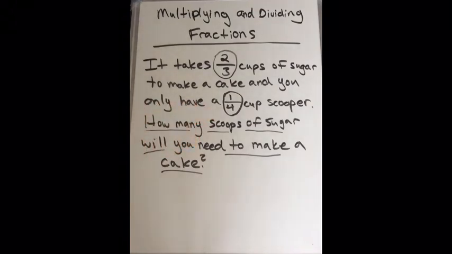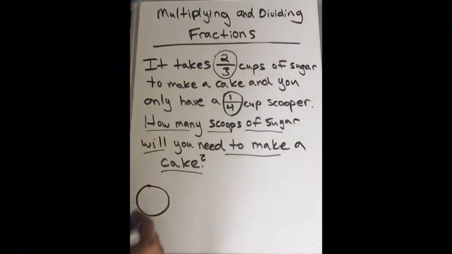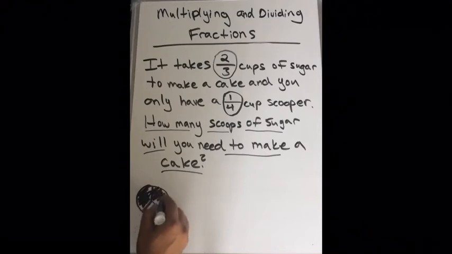In fact, if you were to think about it, let's say we have a scooper. Let's say this represents a scooper, just for funsies. And it's going to be divided into 3 pieces, such that there's 2 out of these 3 cups.